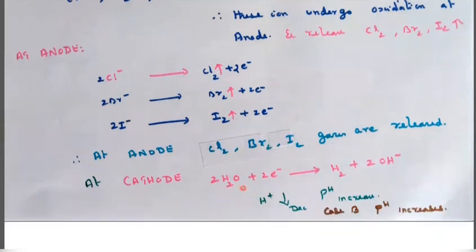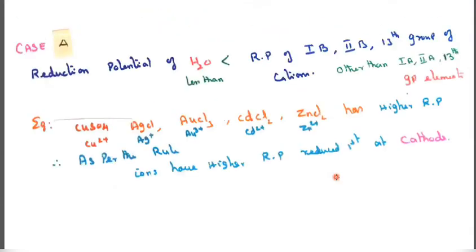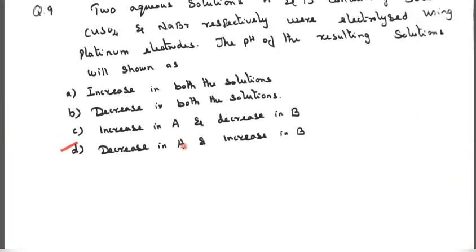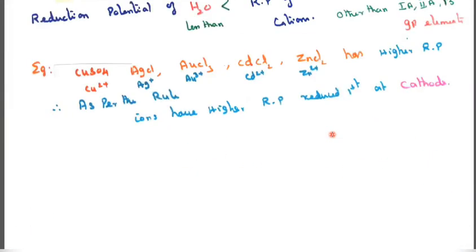At the cathode, 2H2O plus 2 electrons gives H2 plus 2OH-. The H+ ion concentration decreases, so the pH increases. So in case B, pH increases. In the question, pH decreases in A and increases in B, the opposite of H+ ion concentration.